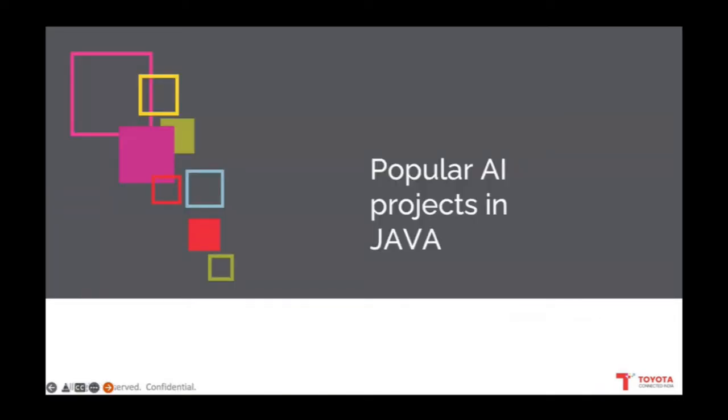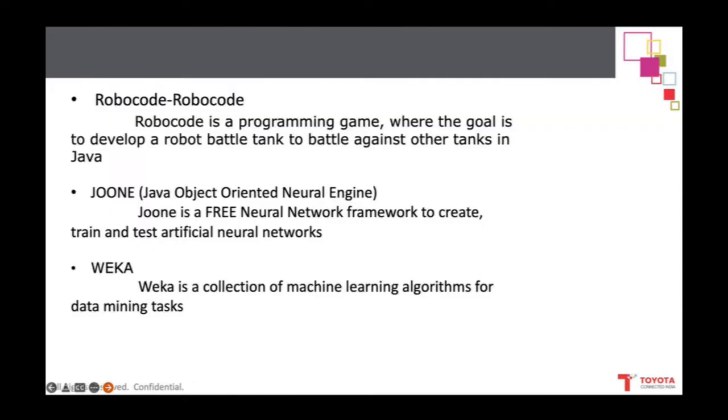And next, what are the popular AI projects that are available in Java? Using Java, we have a lot of projects. Some of the popular ones are Robocode. Robocode is a game that has been developed purely in Java, and the purpose of this game is to teach people how to develop AI in Java.